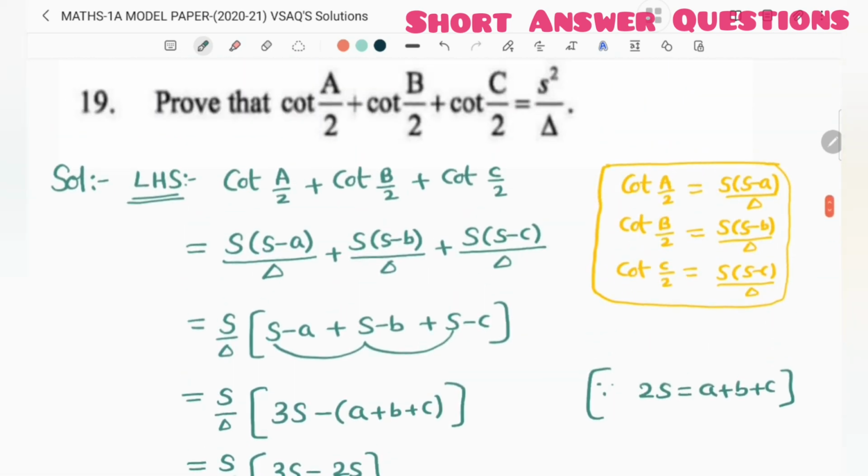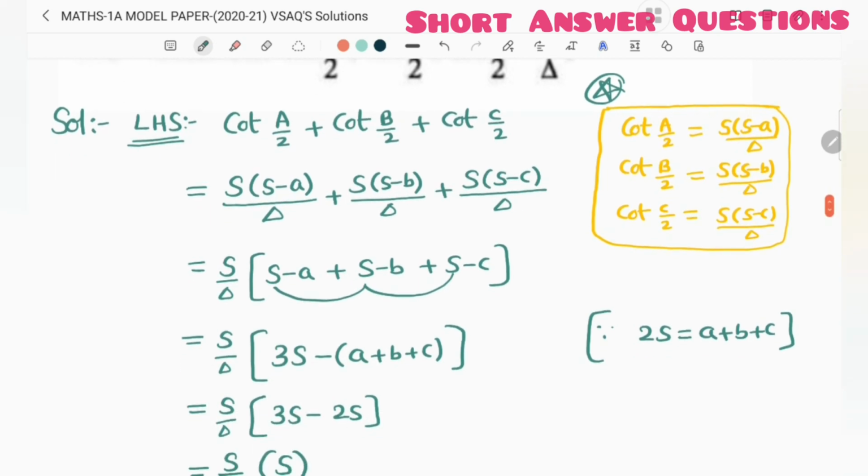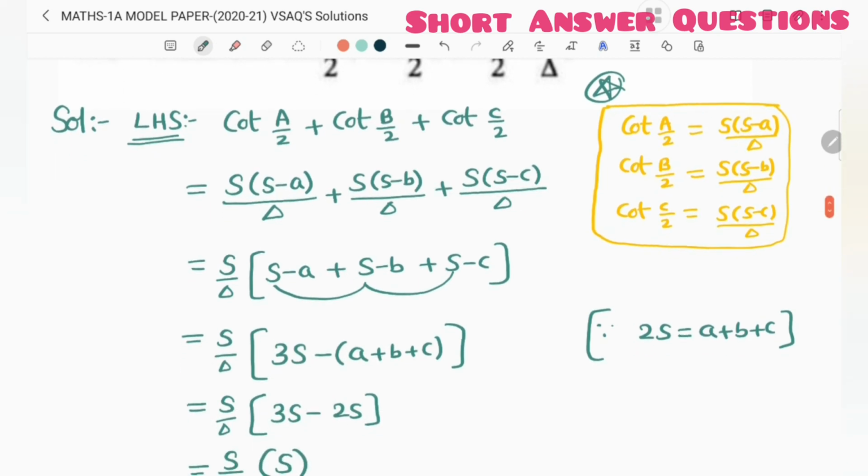So once again, cot A by 2 plus cot B by 2 plus cot C by 2. Substitute the formula. Here we have cot A by 2 equal to S into S minus A by delta, plus S into S minus B by delta, plus S into S minus C by delta.